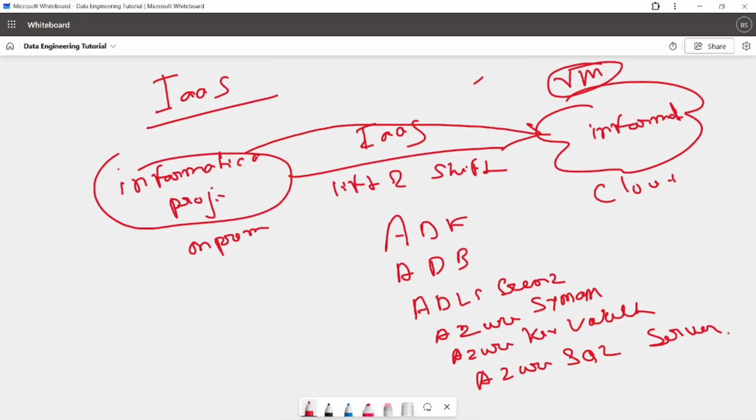We have to concentrate only on these data engineering services.